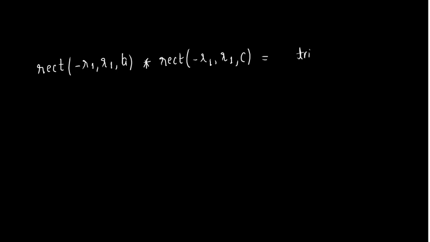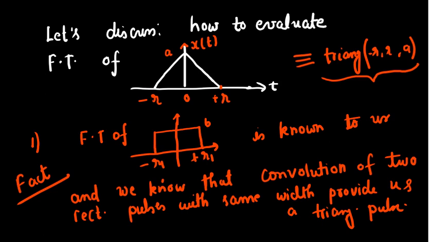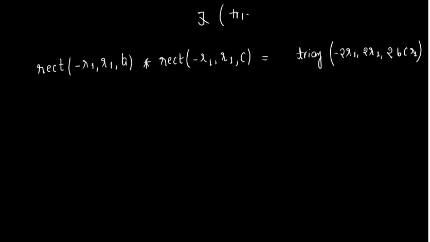So let's write a new slide. A rectangular signal of height B, convolved with another rectangular signal of the same width, where the support must be the same but the height might be different, will give you a triangular signal of minus 2R1, 2R1 and C. Next, our aim is to find the Fourier transform of this triangular signal.